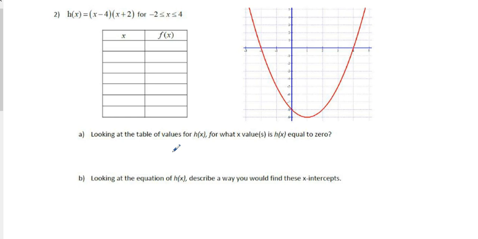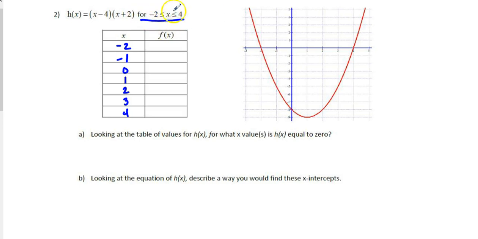Okay, so hopefully you took time, you paused, you worked that out on your own. If not, please do that now. Okay, if you're saying, where are you getting these x values? How do you know which ones to use? You could use any x values in theory, but this is saying for x values that are greater than or equal to negative 2 and less than or equal to 4.